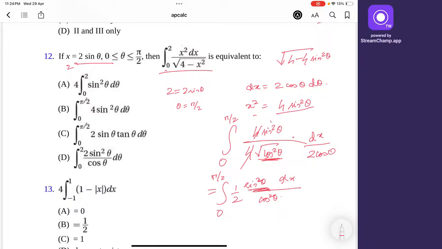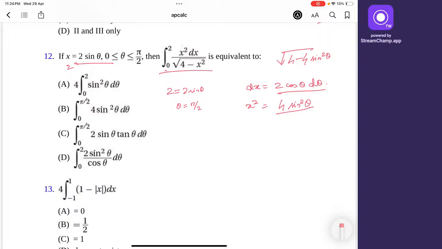Square is 4 sine square theta, dx is 2 cos theta d theta. Oh, this substitution I made a mistake. So let's correct our answer.